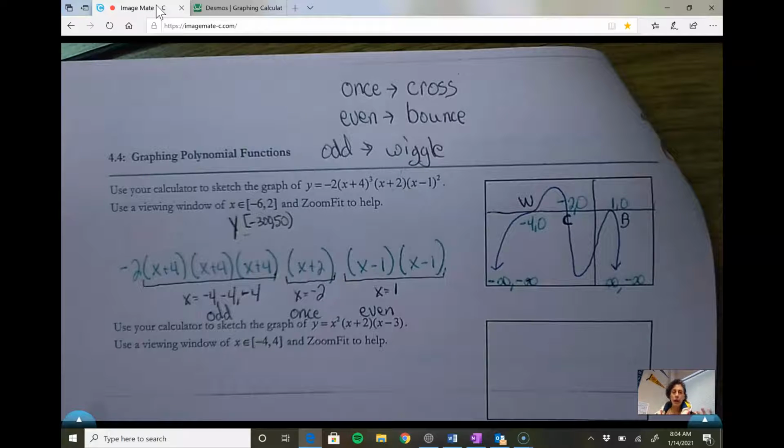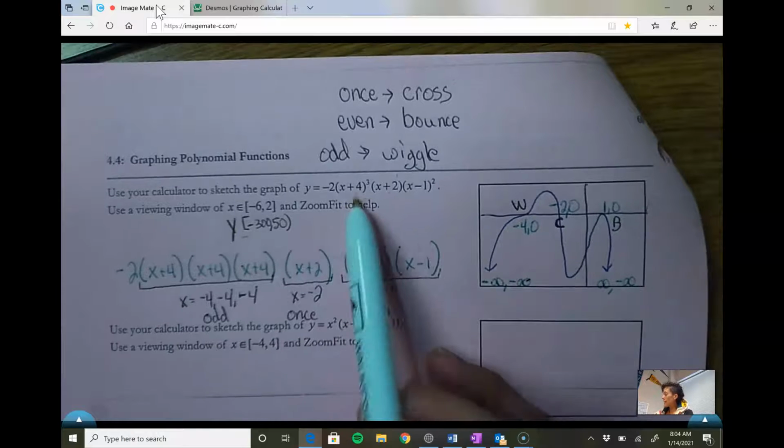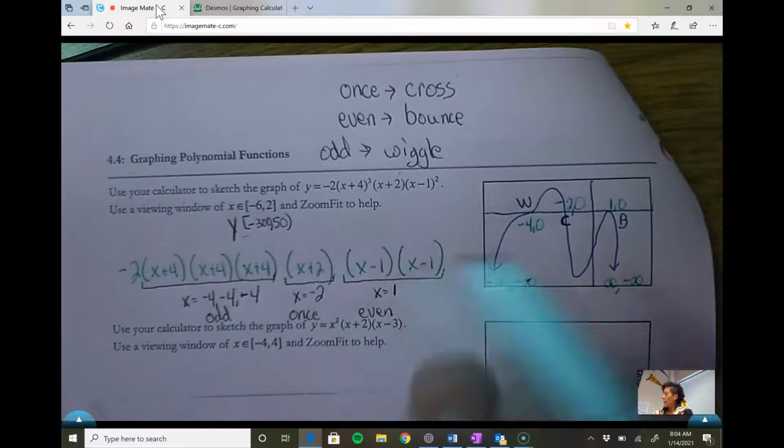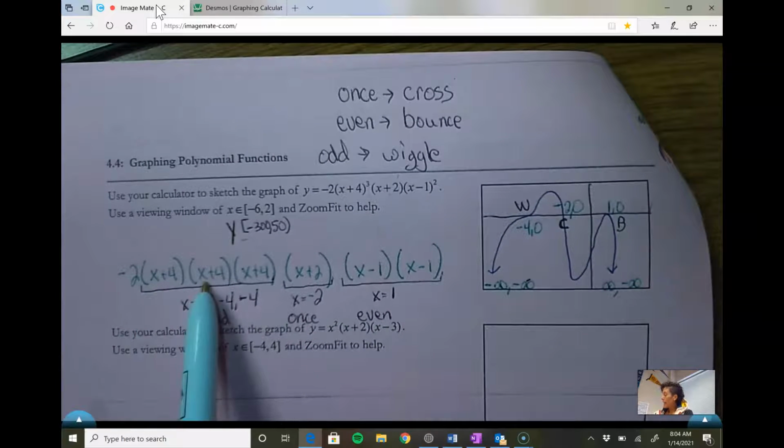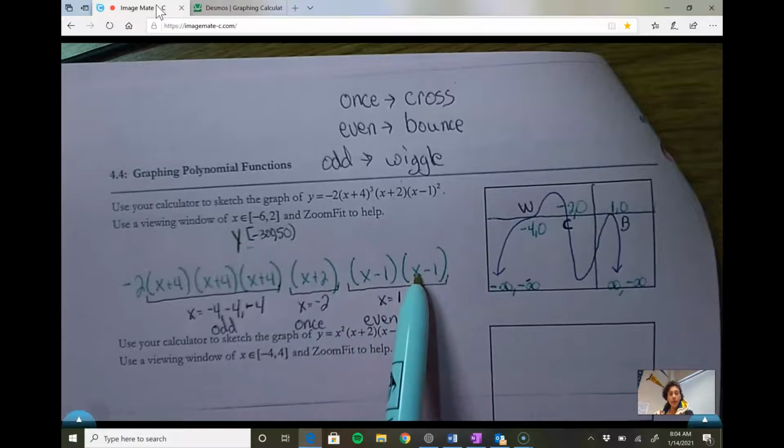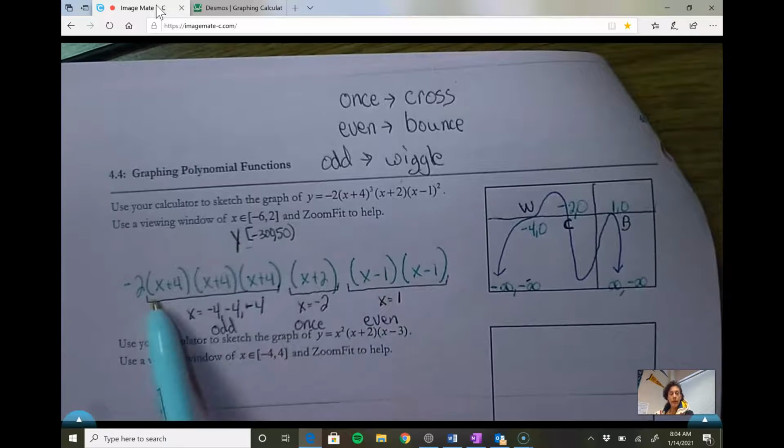So how could I possibly know that this was going to be an upside down U? Because this is in factored form, and I really need to see it in standard form to know that. So what I could do is realize, if I break this all up, that if I just see how many x's there are all together, then that would have been the highest exponent in my standard form.